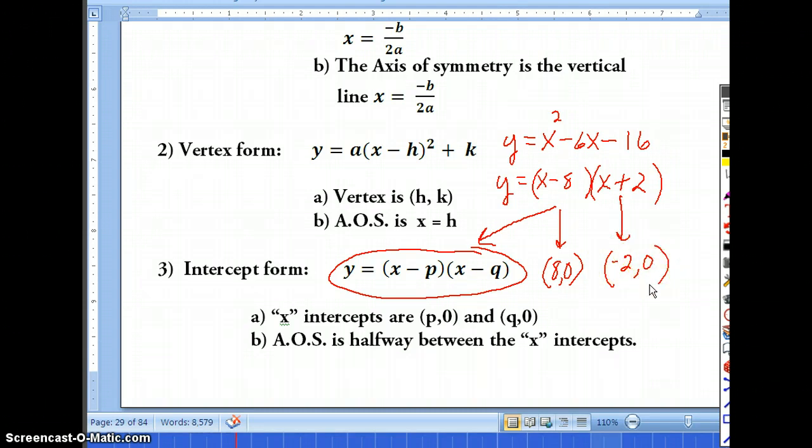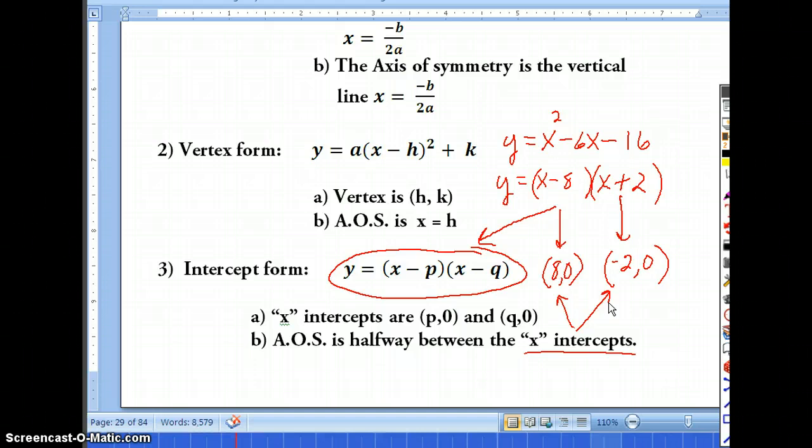And so when we graph this parabola in this form, we plot the two intercepts first. And then the vertex, the x-coordinate, is halfway between our x-intercepts. So we would look at 8 and negative 2 and find the halfway point on the x-axis between those two.